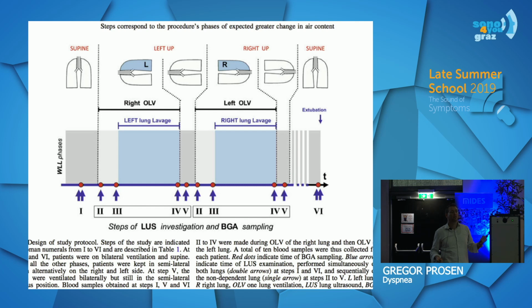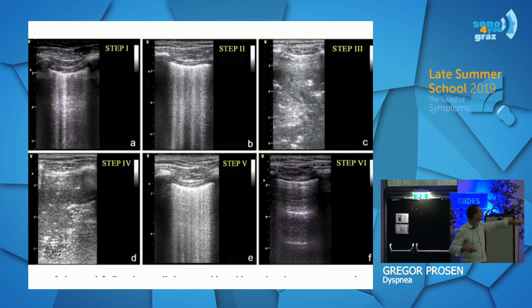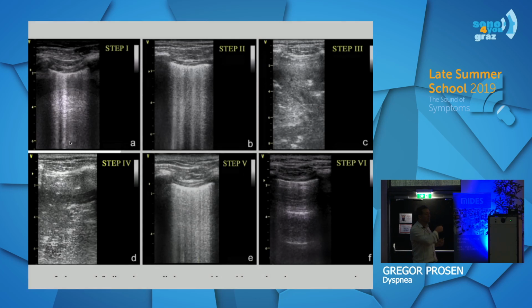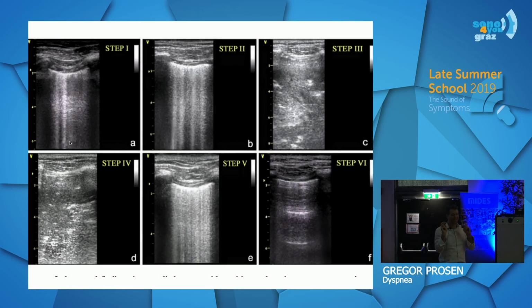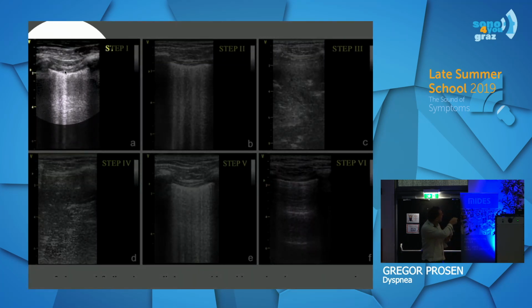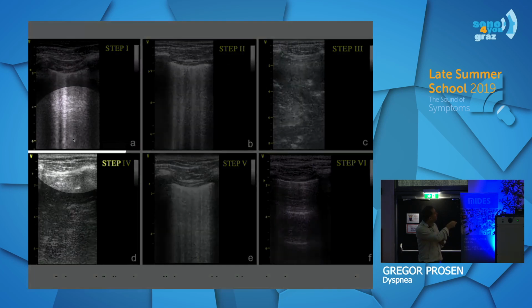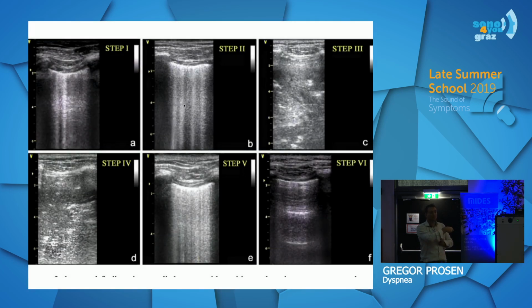What do you expect? A lines and lung sliding, like with him. You agree? And this is actually what it was, except, remember, this is a chronic disease with a little bit of inflammation, so these patients had an occasional B line. Then they put in water. What happened? Some more B lines, because that was the beginning of edema.